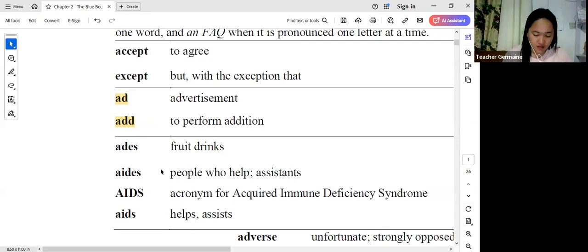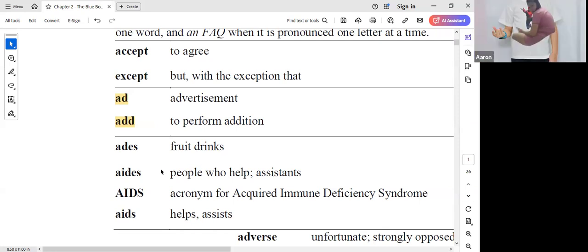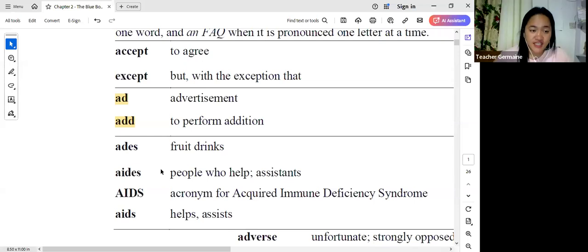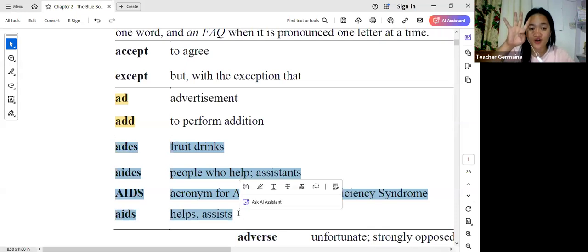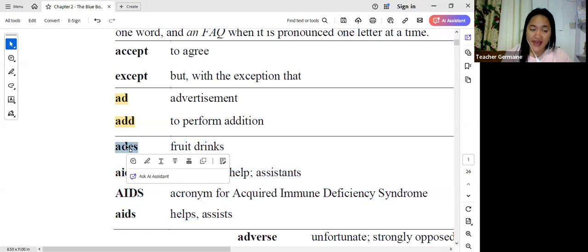Okay. Am I making myself clear? Yes. Okay. So teacher will continue. We have here the next one. We have 4 words in here. Okay. What are the 4 words? First, we have.